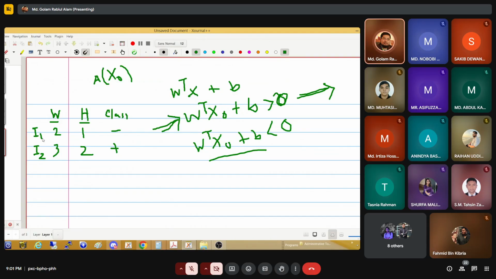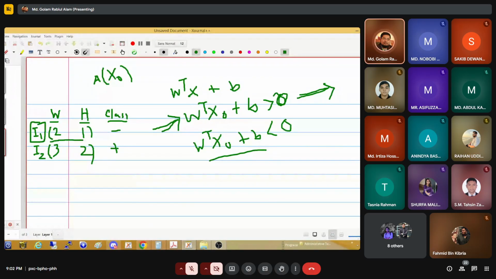Individual 1 is negative, which means that individual has no obesity. This is positive, which means this individual has obesity. These values are called the feature vectors.